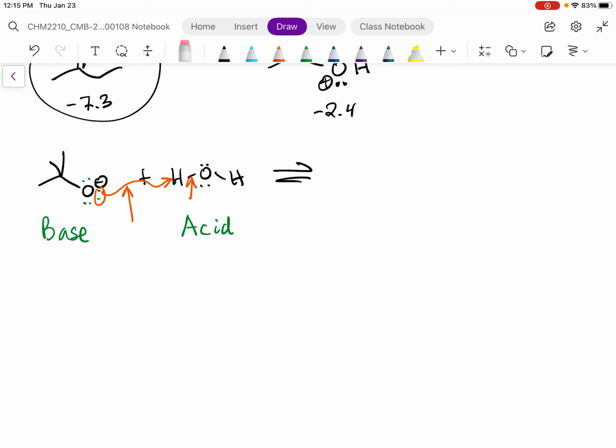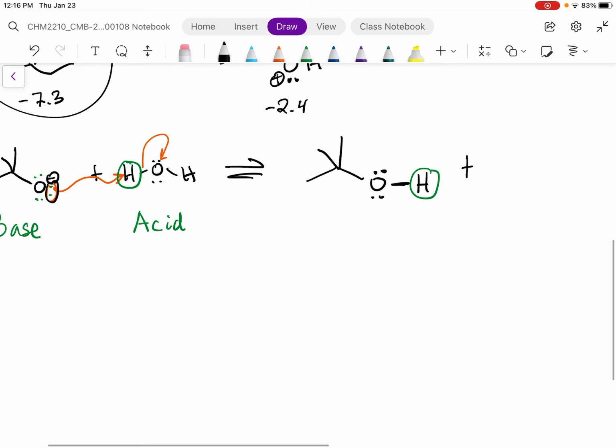And at this point, we know that hydrogen can only form how many bonds? One bond. So we have to break the oxygen-hydrogen bond right there. And so when we draw the product here, we have our oxygen atom. Those lone pairs are still there. We use this lone pair to form the bond with the hydrogen. So this hydrogen is now there.